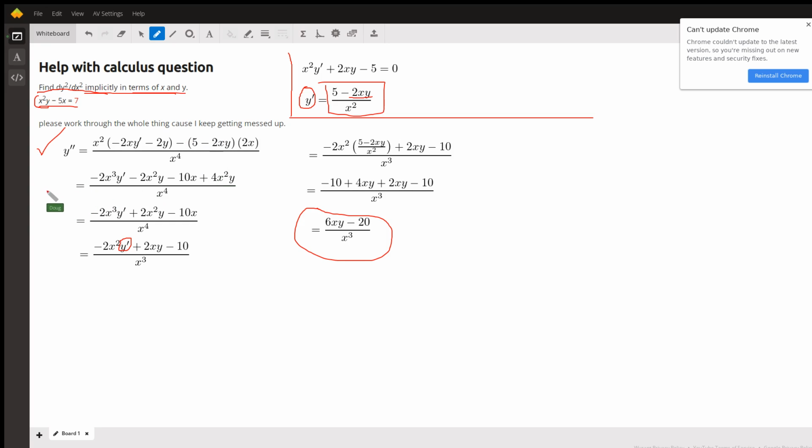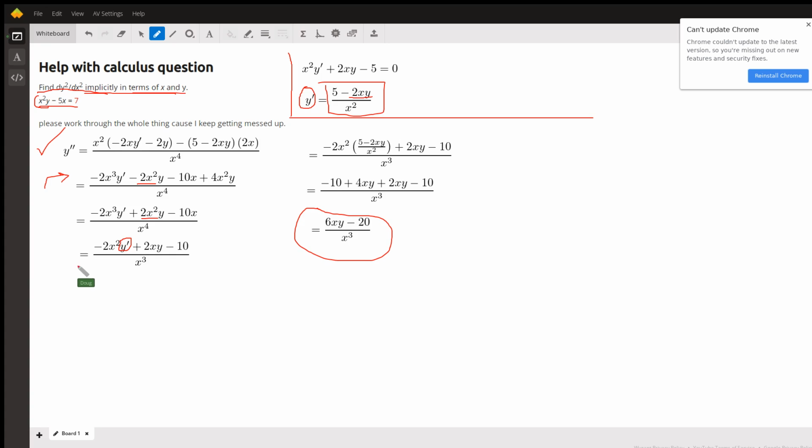I'll let you try to follow along there. It turns out that we get a 4x squared y and a minus 2x squared y gives us 2x squared y. Then we notice that every term of the numerator has a factor of x, so we factor out that x and cancel with one of the factors of x in the denominator.